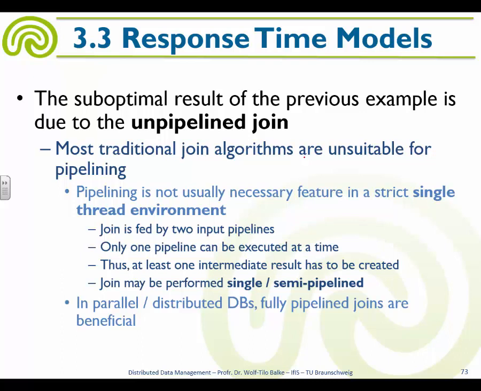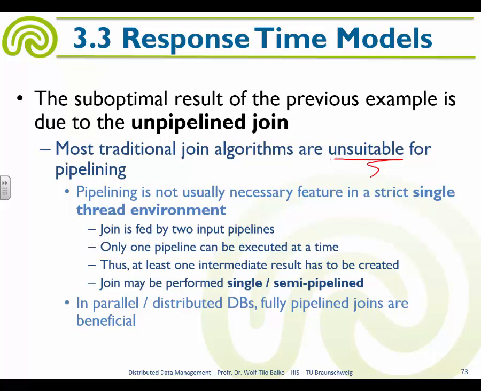I output those join partners, I throw away the tuple, take the next one, compare it to all in the other table, right? Finished with it, throw it away, take the next one, do the same thing again, right? So joining is quadratic. And I need to know, from one tuple that I have, all the tuples on the other side, right? So this is why most traditional join algorithms are kind of unsuitable for pipelining, right?